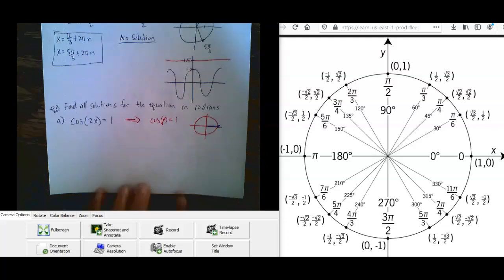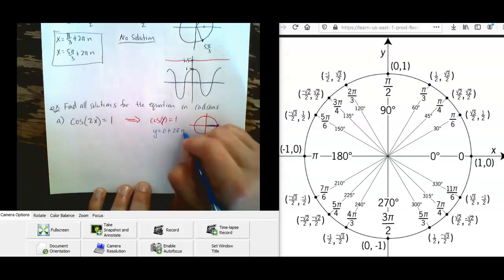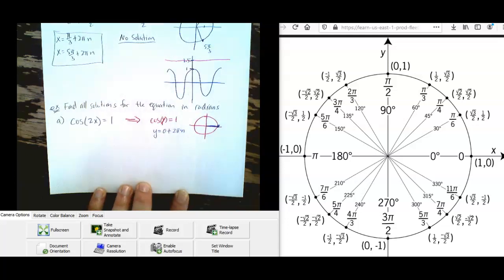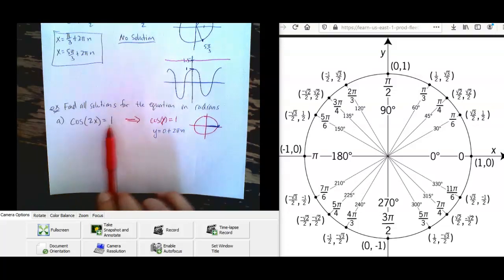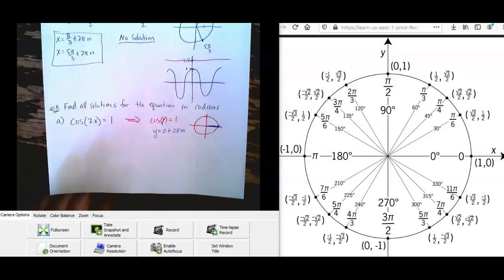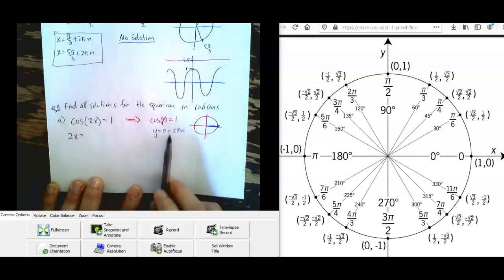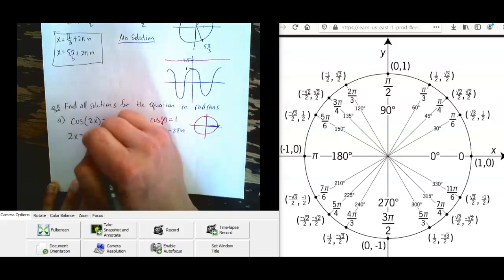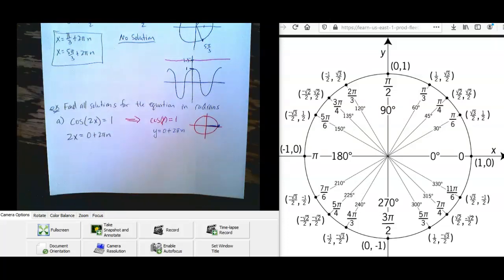So here y would equal 0 plus 2 pi n. So there's no difference here. If the cosine of 2x is equal to 1, this means that 2x is equal to 0 plus 2 pi n.